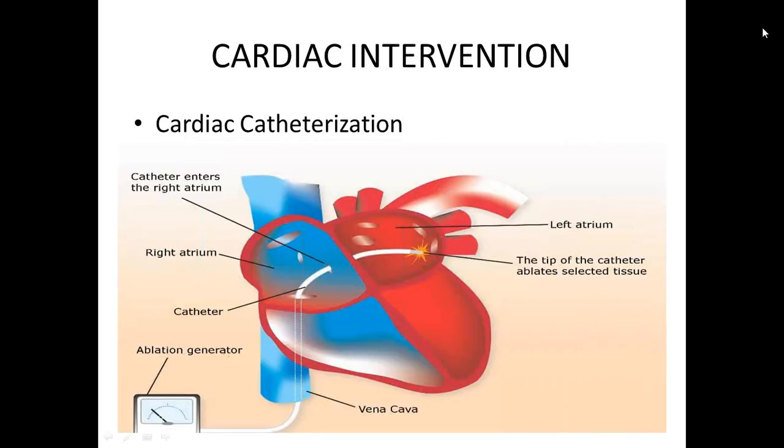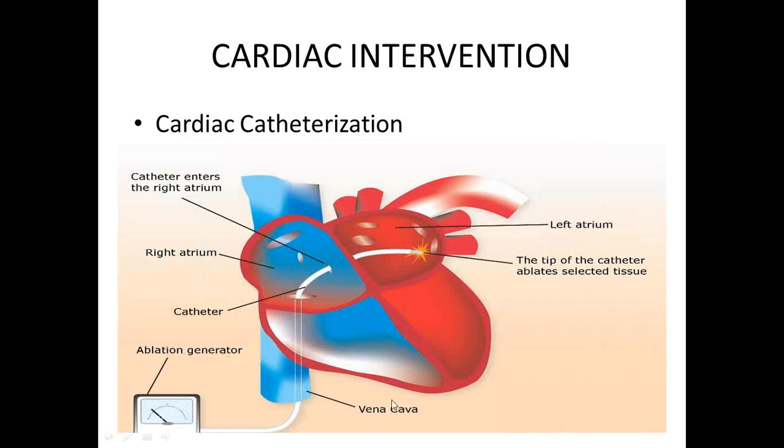Okay, so we've been talking about left heart and right heart catheterization, and if you recall what I said, to get to the left side of the heart, we usually enter the femoral artery or the radial artery. However, we can get to the left side of the heart by what we call a transseptal puncture.